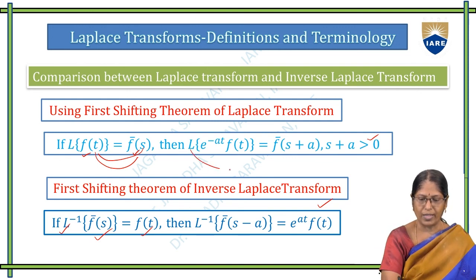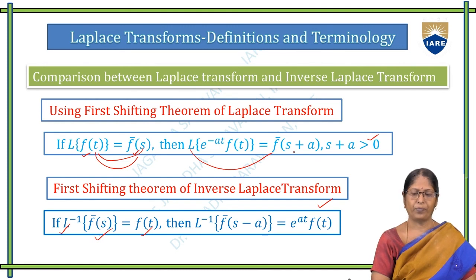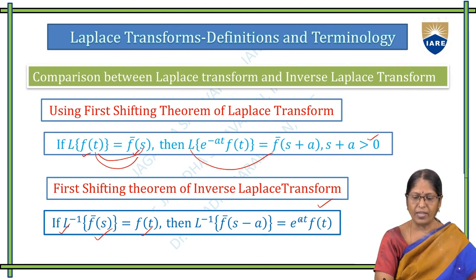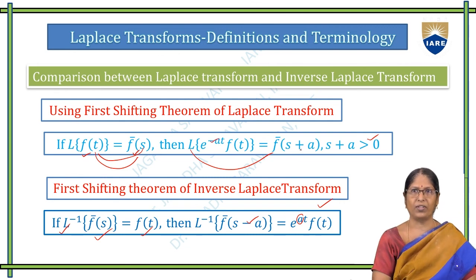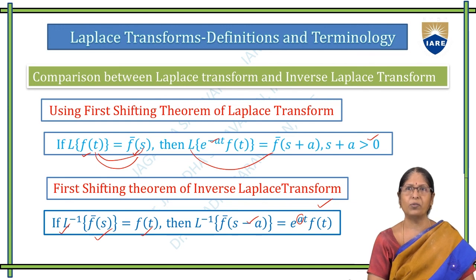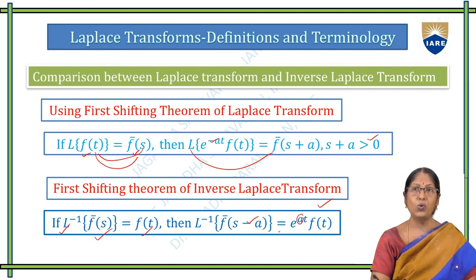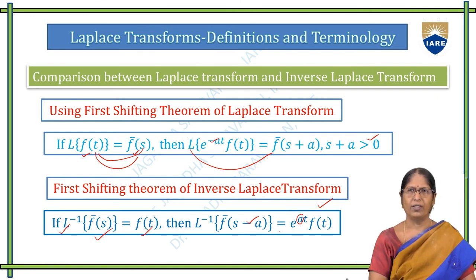Here also this L is shifted. Here we have taken A. That is what is here, minus A. If it is minus A, we will take it plus A. That is the comparison between the formulas. Here L is dominated, here L inverse is dominated. Only a little difference will be there if we do the comparison between the formulas.